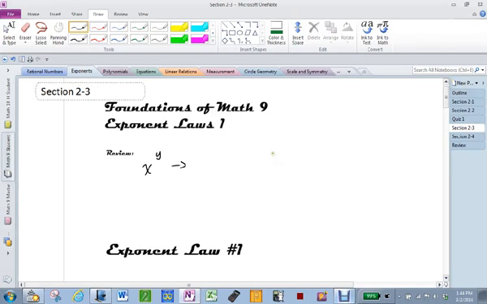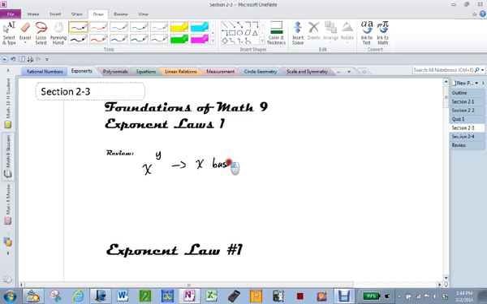To review, this construction consists of two distinct things. There is the exponent, which is y, and the base, which is x.